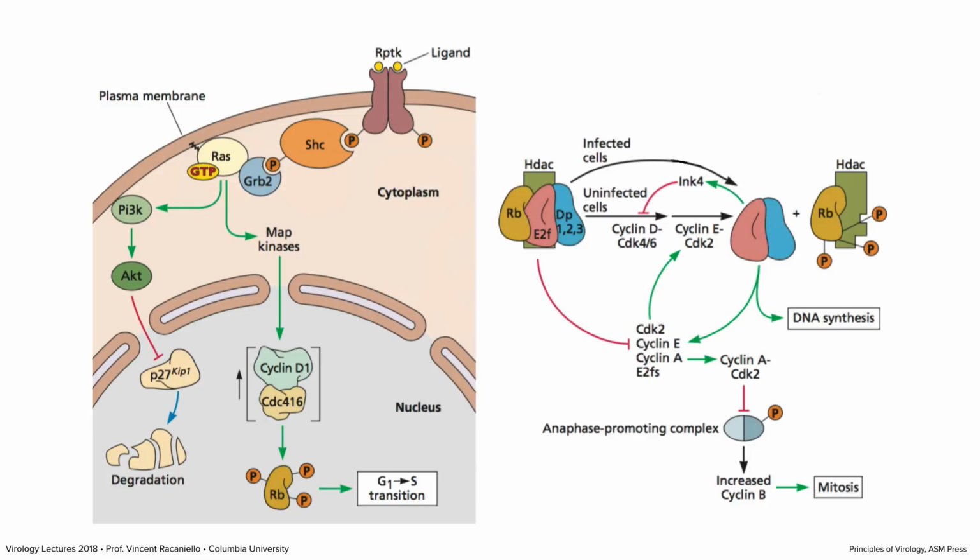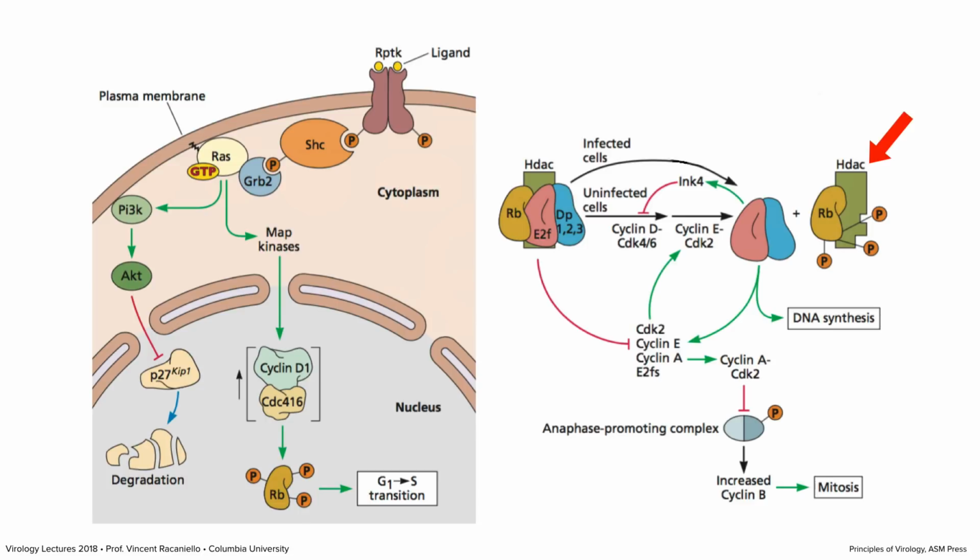So as long as RB and E2F are bound up, this recruits a histone deacetylase to the promoters that are recognized by the E2F proteins. It inhibits transcription of genes needed for DNA synthesis and mitosis. If you phosphorylate RB, which happens when you have signaling from the cell surface, RB and its histone deacetylase come off of E2F.